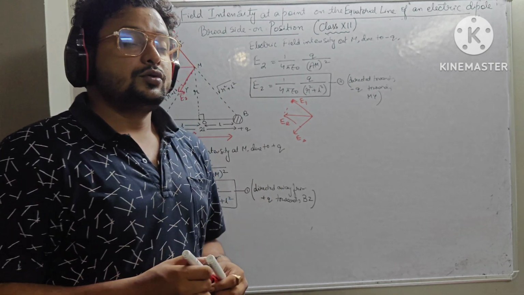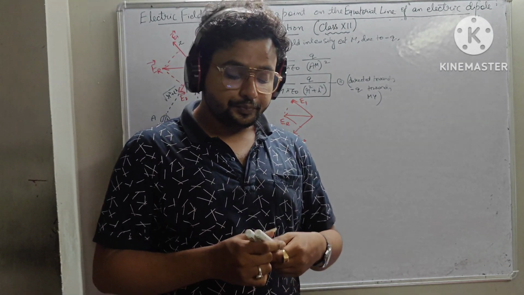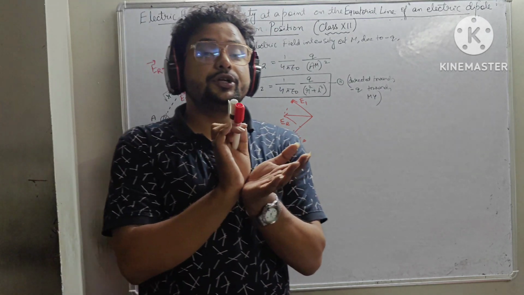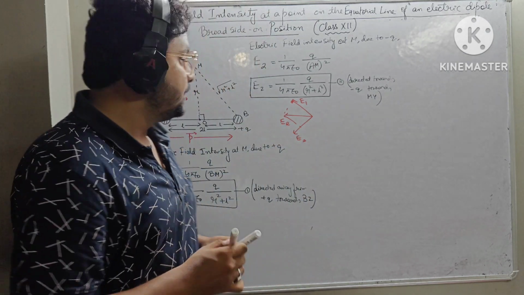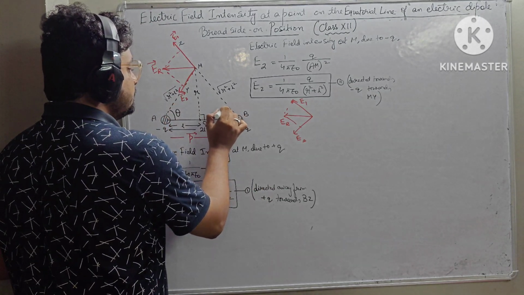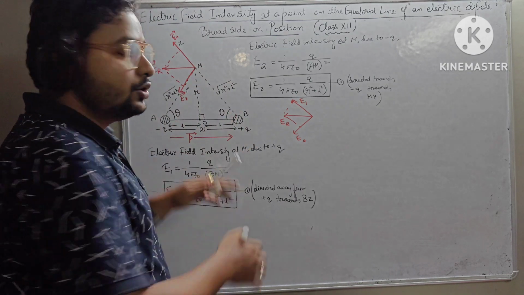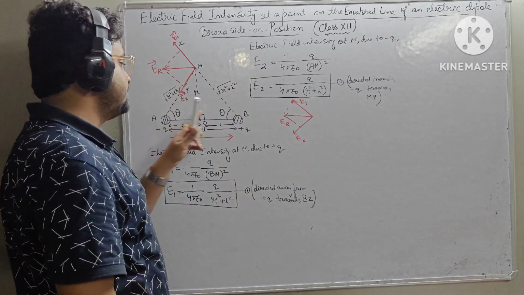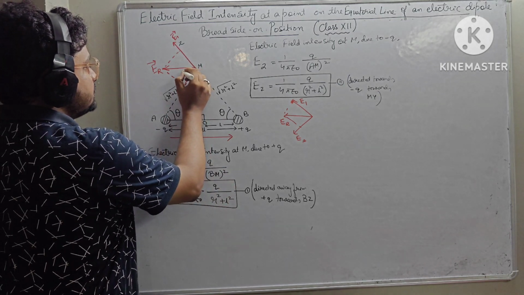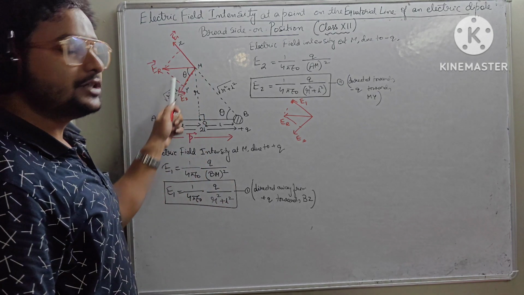Okay. Now, one more important thing, when we are using vector law of addition, the angle between the two vectors is very important. Suppose this angle is theta. So this one also will be theta, because this is an isosceles triangle. Both the sides are equal, so this is theta, this is also theta. Interior alternate angles are equal.